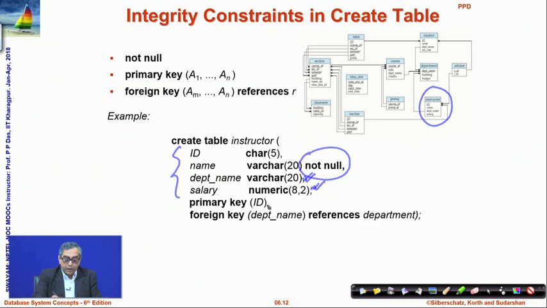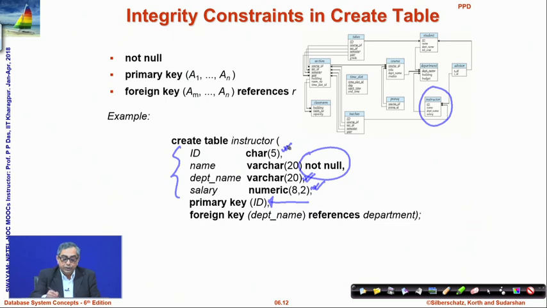Now, we additionally say that primary key is ID. So, this field ID is a primary key, and it is a property of the SQL create table command that if an attribute is referred to as a primary key, then it cannot be null.